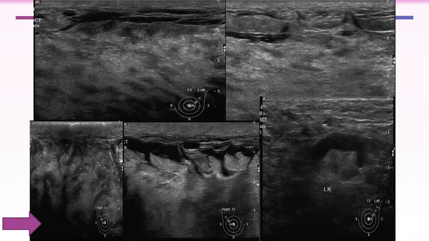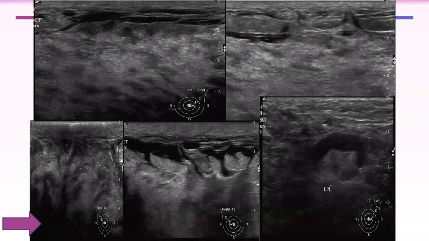Due to lymphatic congestion, could be. Lymphatic congestion will give you edema, but could it give you a hypoechoic lesion? No. So you have something infiltrating the breast as well.